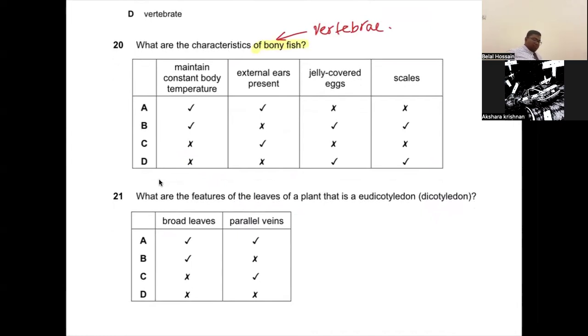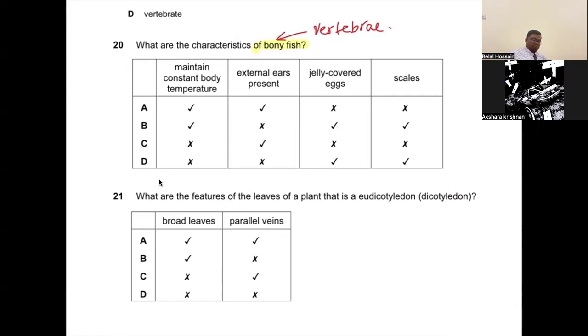Maintains body temperature. External layers are present. Jelly covered eggs. Scales. So for this, you just take a normal vertebrate.